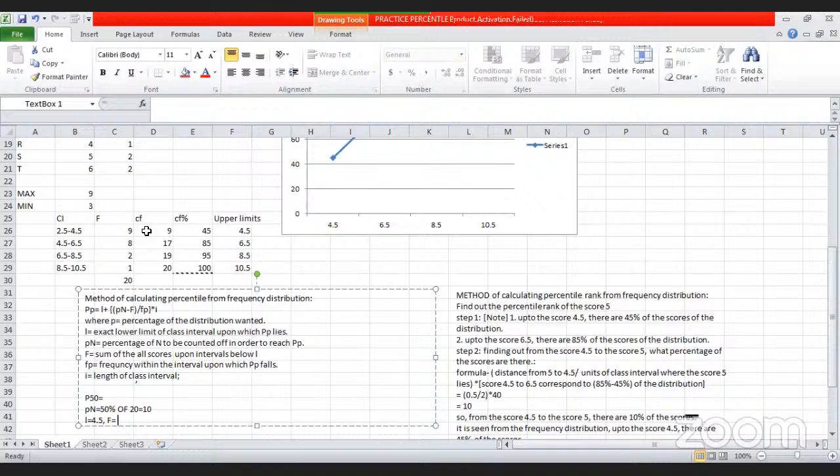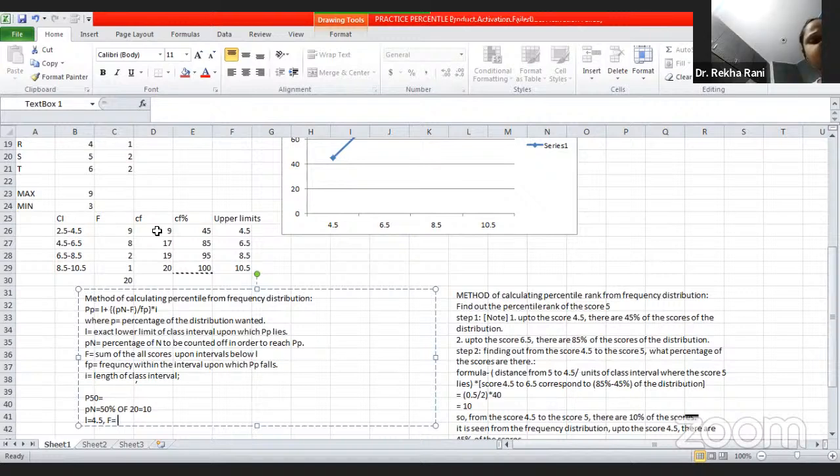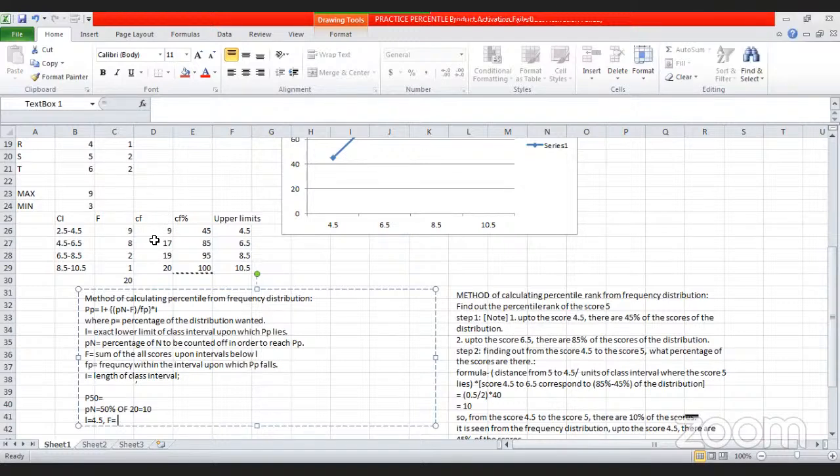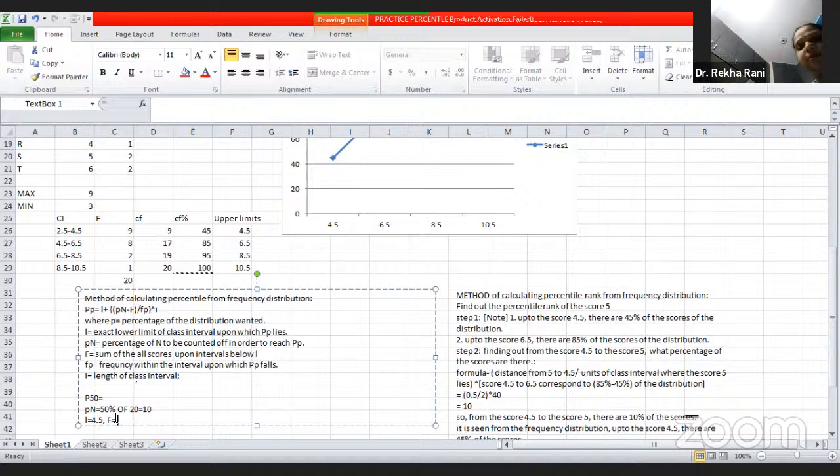No, ma'am, please repeat. Okay. Capital F is equal to the sum of all scores upon intervals below L. So L is here 4.5. So below 4.5, what is the sum of all scores? That is 9 only. So capital F is equal to 9.